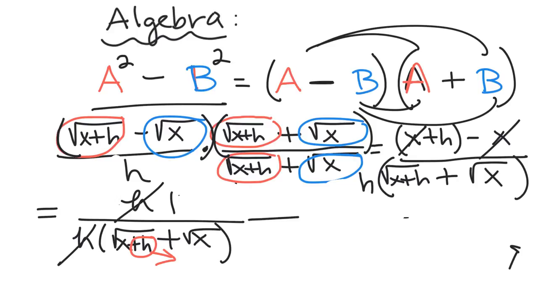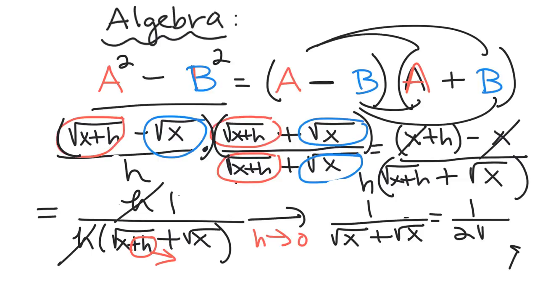What do we get? We get 1 over the square root of x, the h is gone, plus the square root of x, which is 1 over 2 root x. And that is the derivative of the function square root of x.